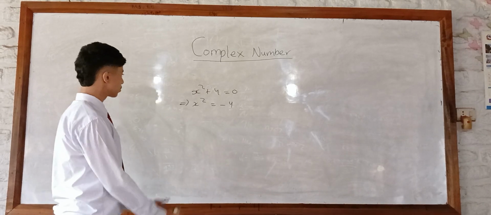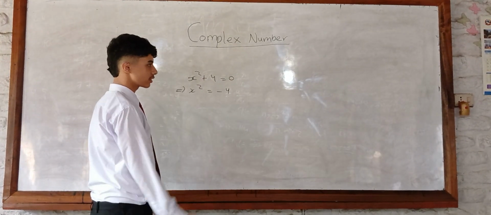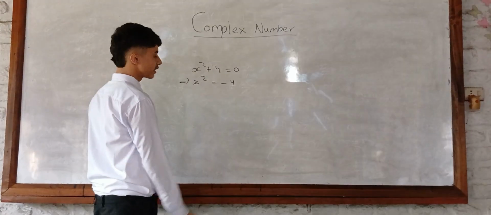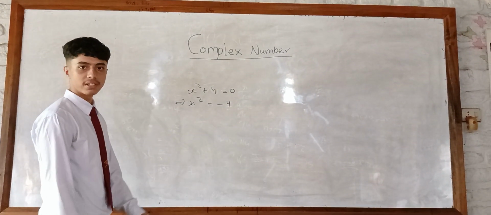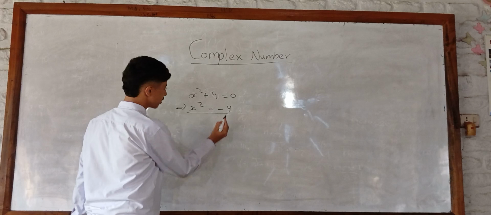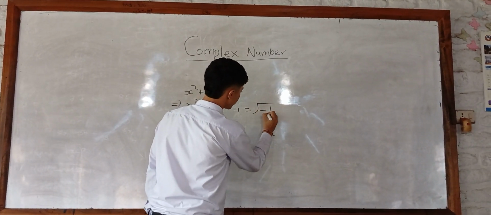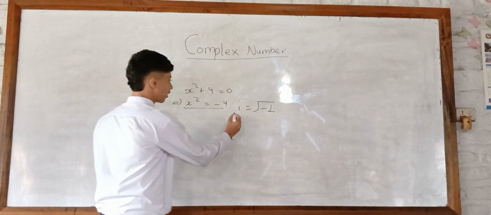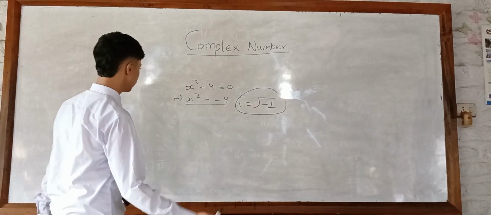This has no solution, as the solution cannot be expressed in terms of real numbers. Complex numbers were introduced basically to find the solutions for cubic equations, especially to solve equations like this. This i, whose value is minus 1, was introduced to get the solution of this kind of equation, and this will be explained further by my friend later on.